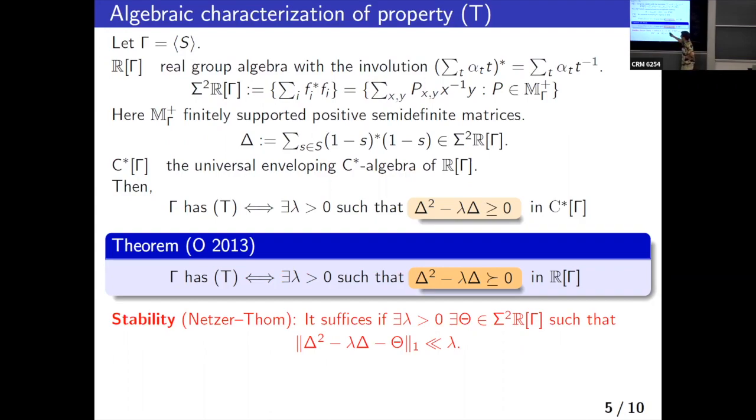If you can find a sum of squares theta which is close to this form, which you want to prove, in terms of the L1 norm, that's the summation of coefficients, and if this distance is smaller than, say, one half or much smaller compared to this lambda, then it has property T. Actually, this theta is close to an honest sum of squares solution.